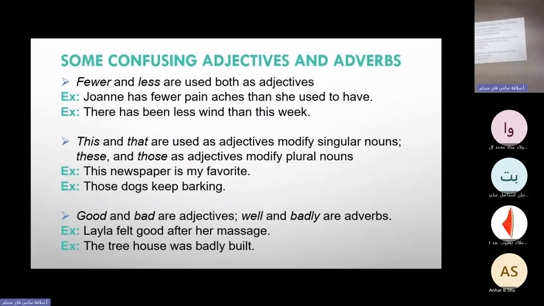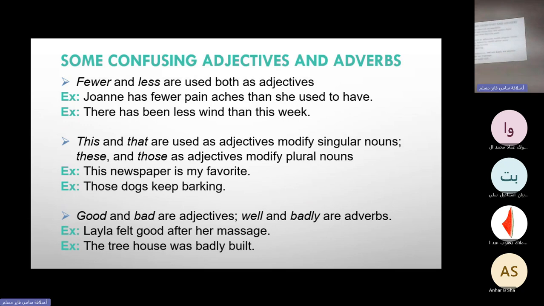We have some confusing adjectives and adverbs, like fewer and less, which are used as adjectives. Always when you see the word fewer or less, it is an adjective. Go on, Martina. Pain aches.